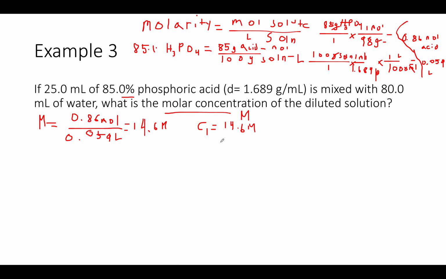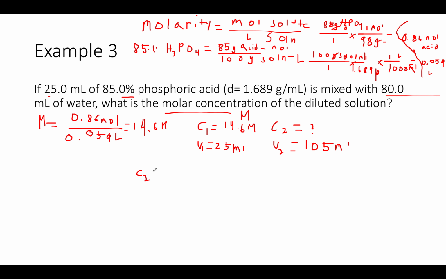The volume of the first is the 25 mLs. We're looking for the concentration of the second, but we know the volume of the second is that 80 mLs plus the 25, so 105 mLs, same amount. Manipulate the expression again.